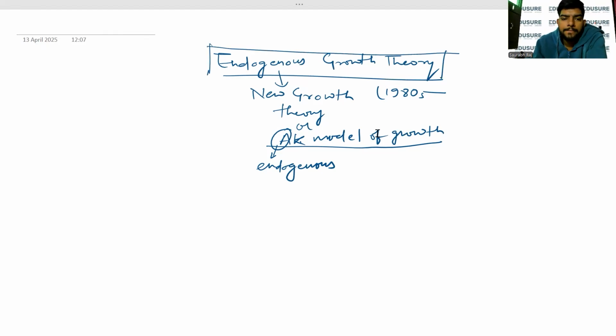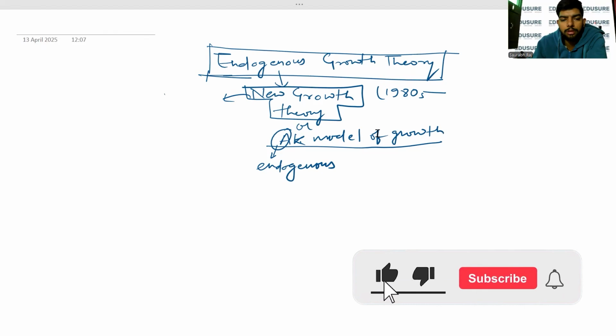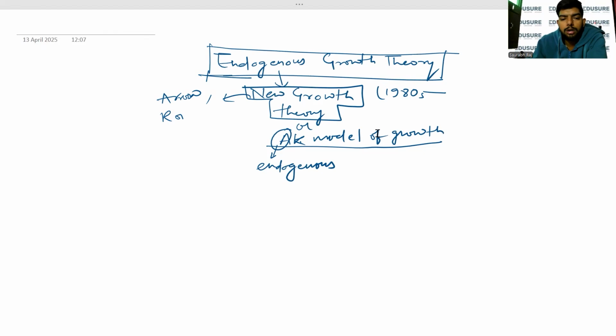Okay. Now, one more thing I just want to make clear: this growth theory basically has three main proponents. Those are Arrow, Romer, and Lucas.